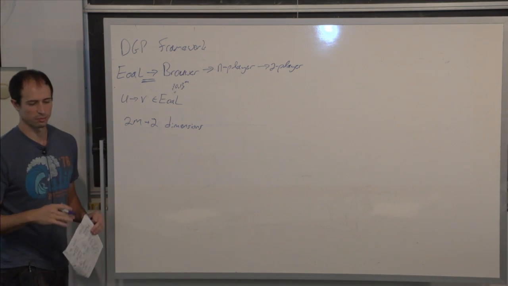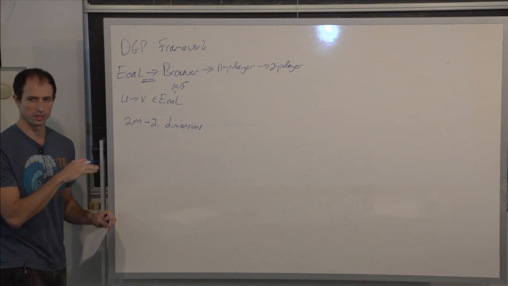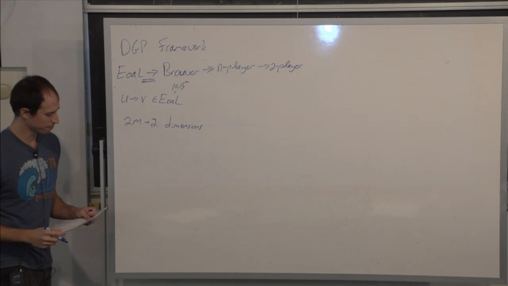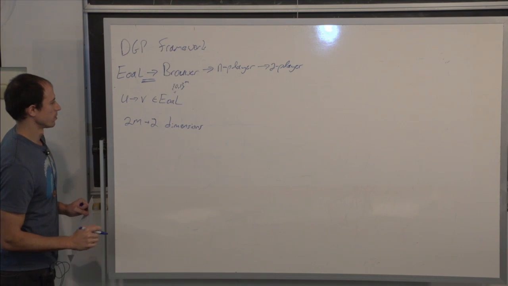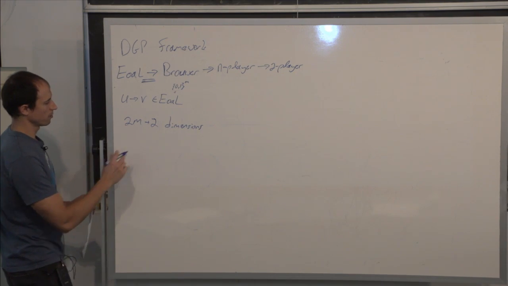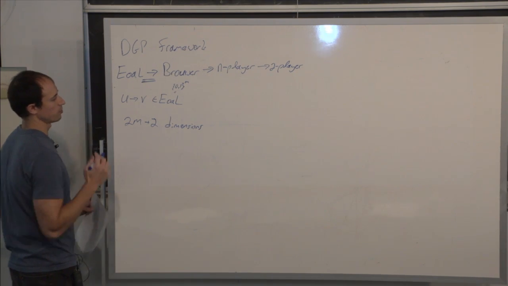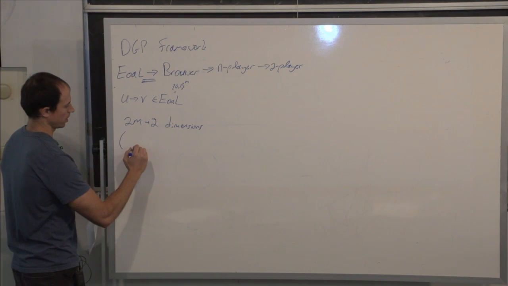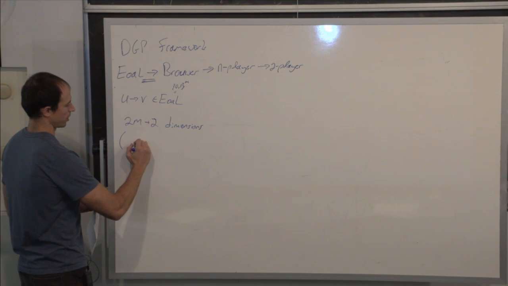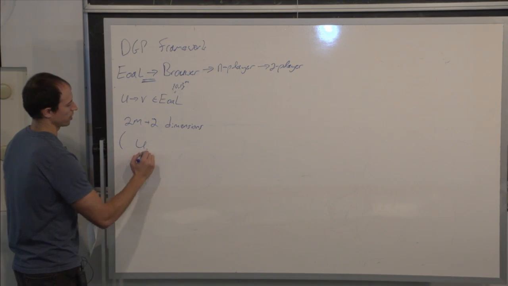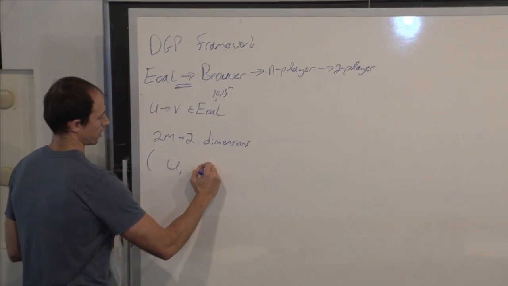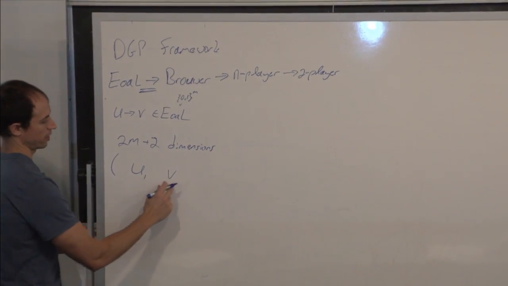I'll somewhere lose track of m's and n's and switch letters. The way I want to use these 2m plus 2 dimensions is: one coordinate for the current vertex, the vertex I'm in. The next m dimensions are the vertex I'm going to.